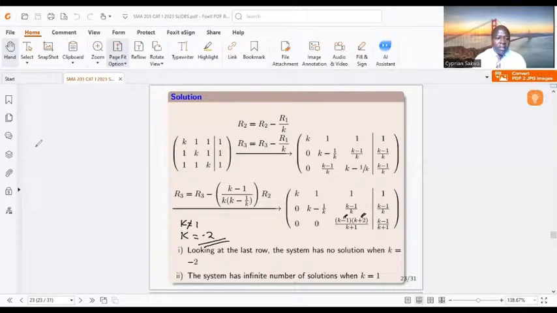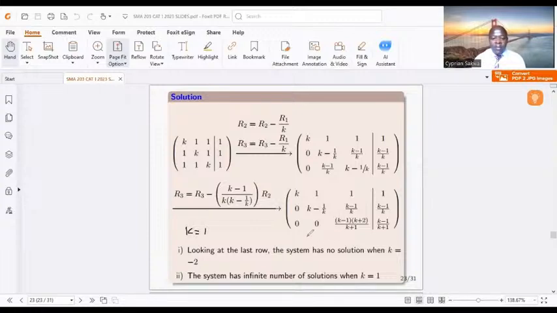Now, when does the system have infinitely many solutions? This system would have infinitely many solutions, as we've already said, when k is 1. We look at this last column.